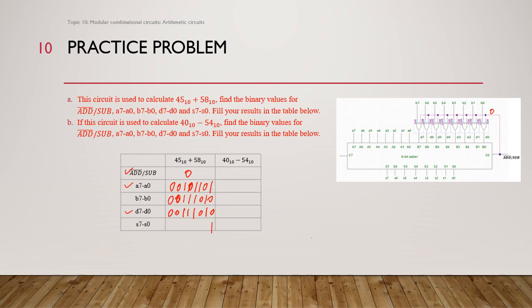So you get 1, 1, 1, 0, 0, 1, 1, 0. So the result is 0, 1, 1, 0, 1, 1, 1.